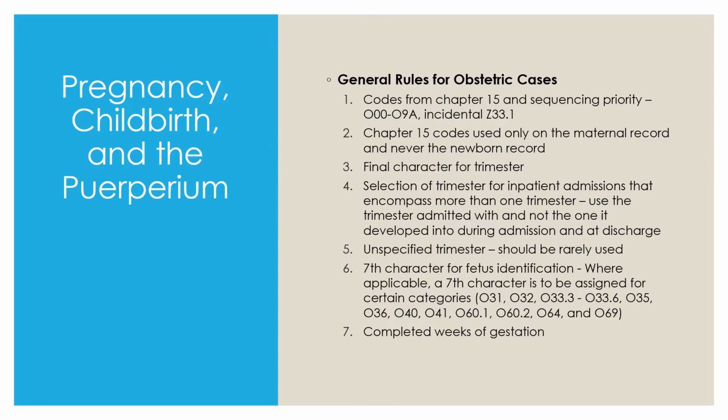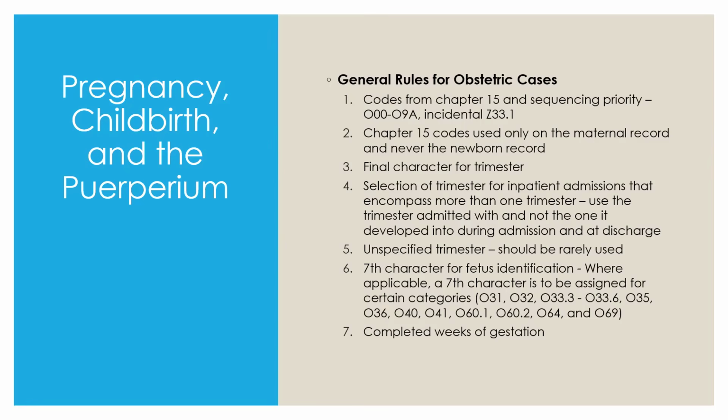Whenever delivery occurs during the current admission and there is an in childbirth option for the obstetric complication being coded, the in childbirth code should be assigned. When the classification does not provide an obstetric code with an in childbirth option, it is appropriate to assign a code describing the current trimester.